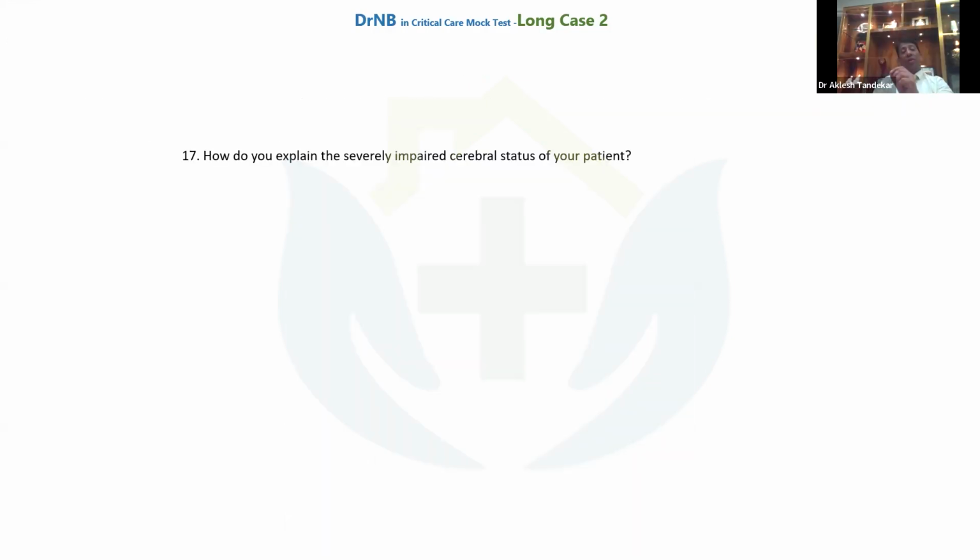So, how will you explain the severely impaired cerebral status of your patient to the family? If the CT brain is showing features of anoxic brain injury, then first of all, it is too early to prognosticate.